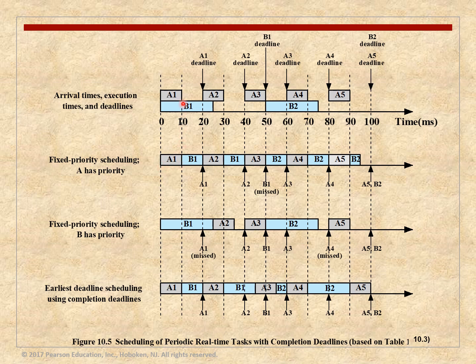Then B can execute until 20. But now A has arrived, so we let A execute first because A has the priority. We bring out B1 and bring in A2, which runs until time 30 because it requires 10 time units.